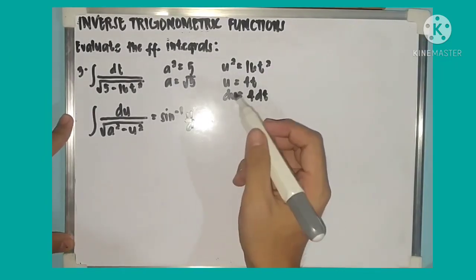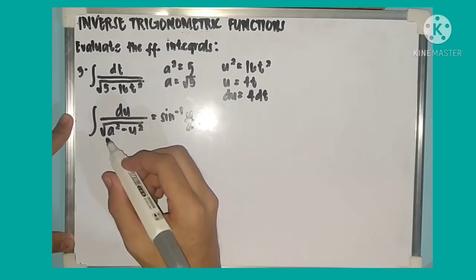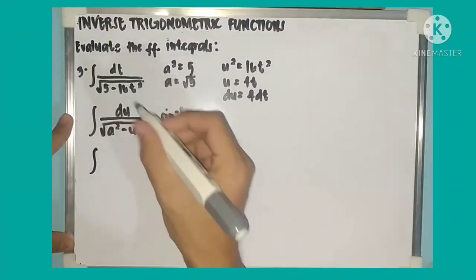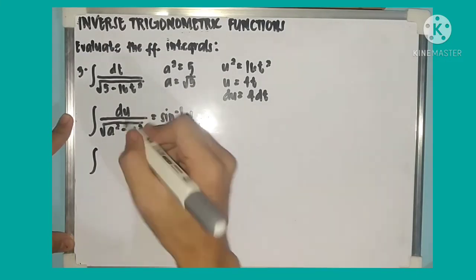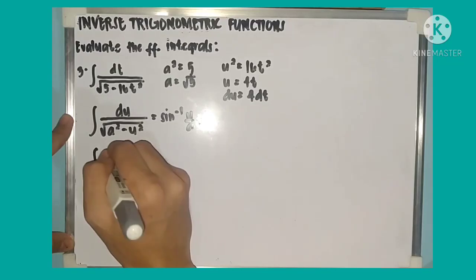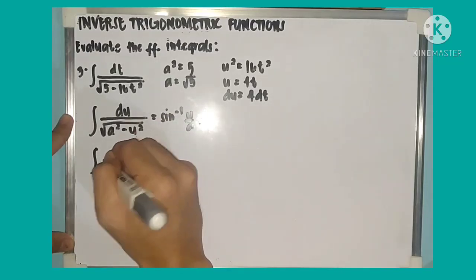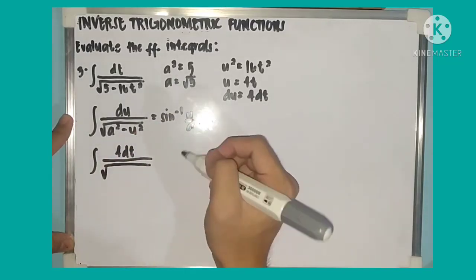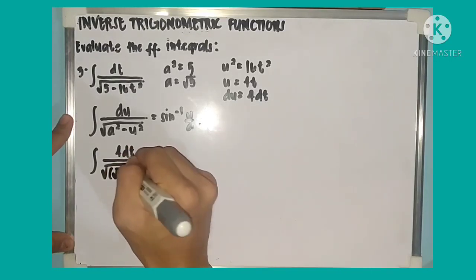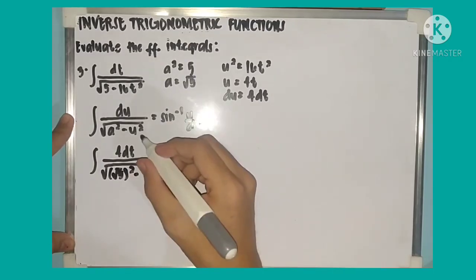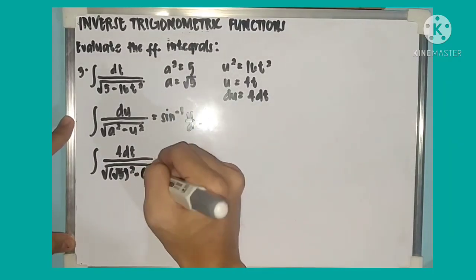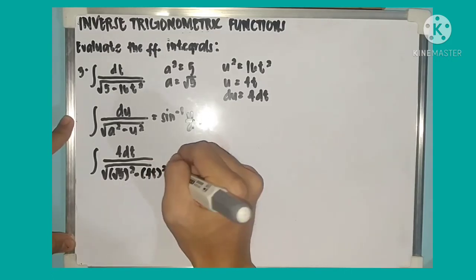And then, apply lang natin tong mga value na to dito sa equation ng arcsine, which equals to our du, 4 dt all over the square root of a natin, which equals to square root of 5 squared minus u natin, which equals to 4t squared.